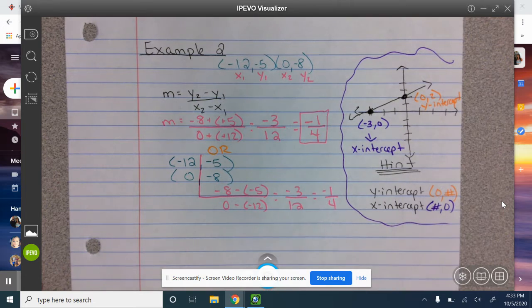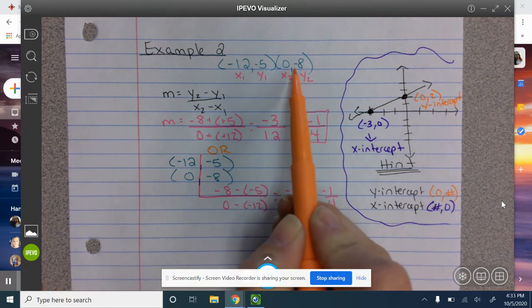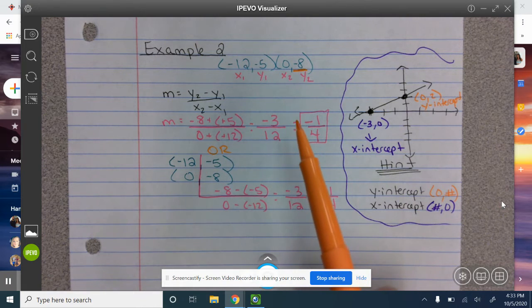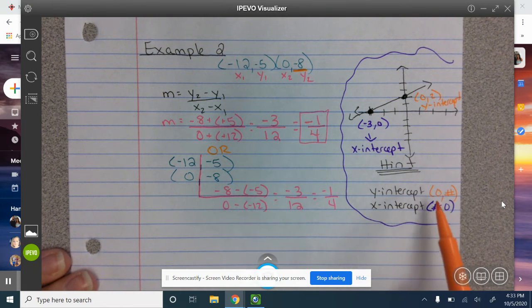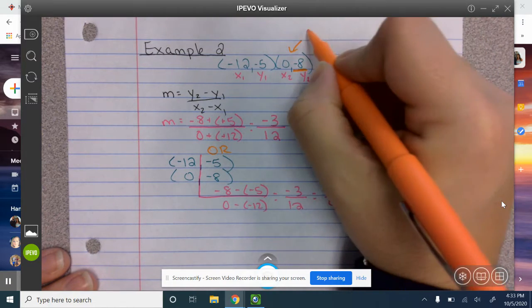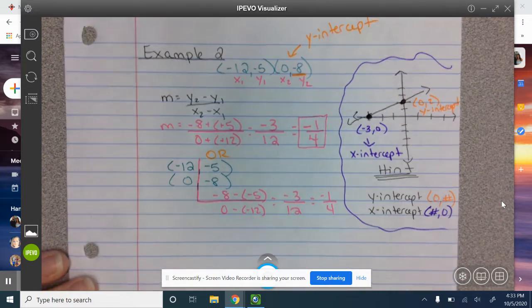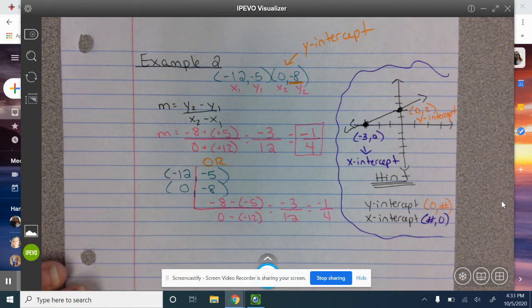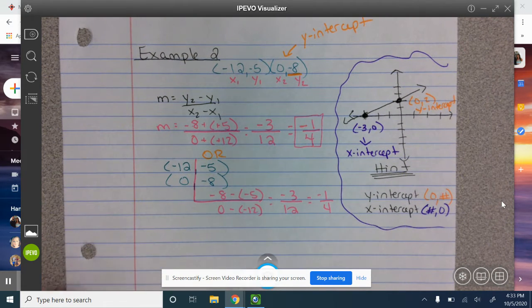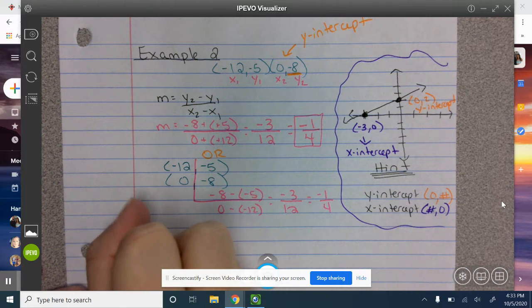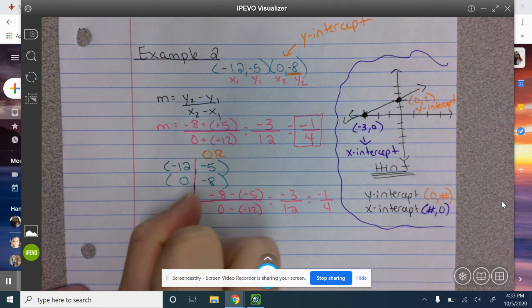So now that we have that helpful hint over there, I want to direct our attention back to this coordinate right here. I have 0, -8. Remember, 0 and then a number is your y-intercept. So I should be able to jump straight to my equation and say y equals mx plus b.